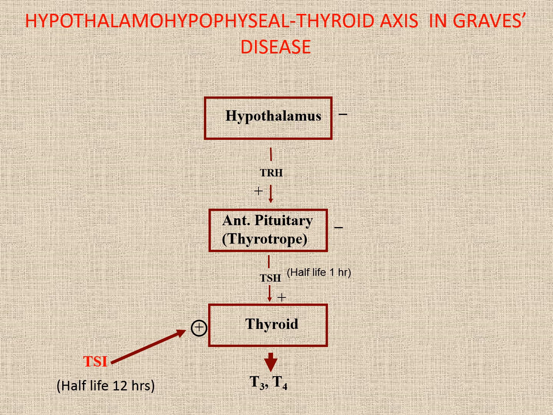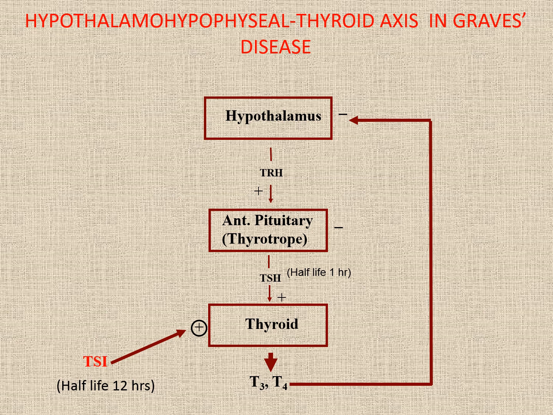See, the half life of the TSH is only 1 hour and TSI is almost 12 times that of TSH, or 12 hours. So it is continuously stimulating the thyroid gland to increase the release of T3 and T4, and as a result there is an increase in T3 and T4.